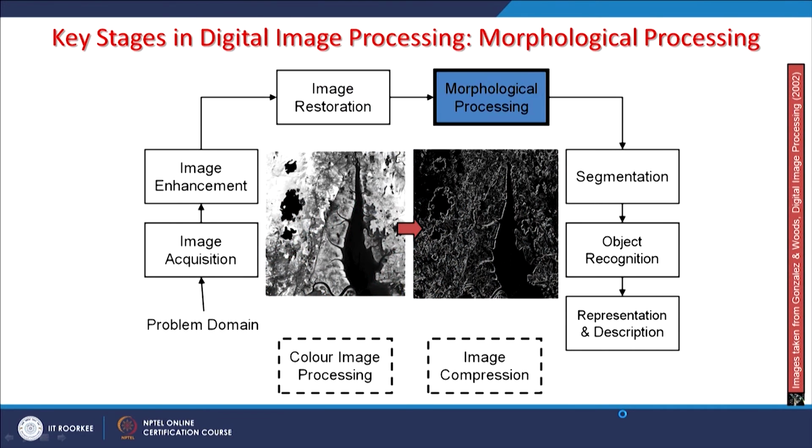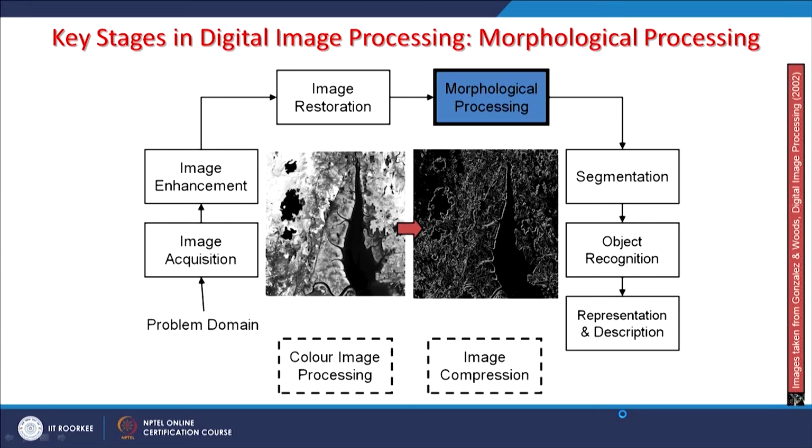The next is morphological processing. Morphological processing here means spatial filtering, which is done to enhance certain features or reduce the frequency of certain features. On the left side is the input image, and on the right side is the image after morphological edge enhancement.